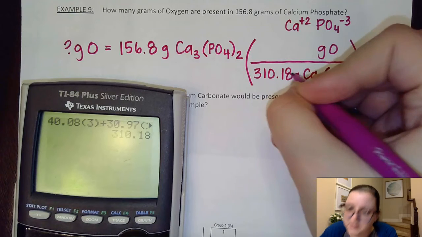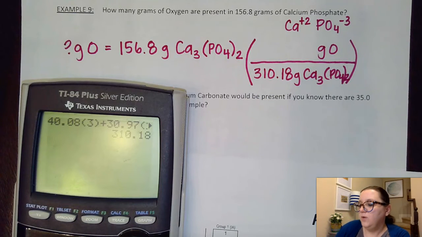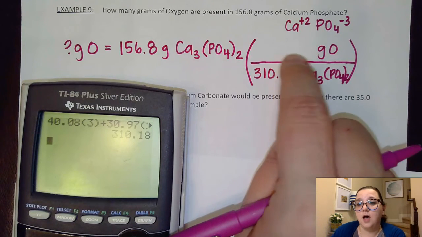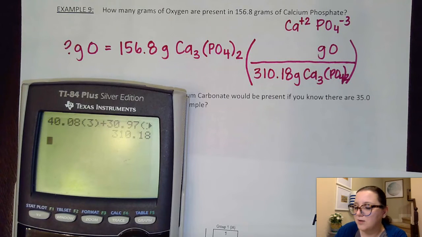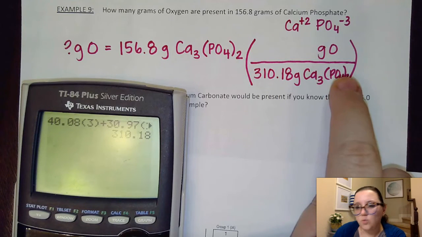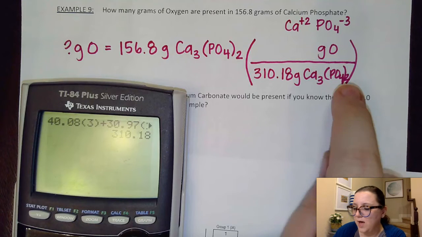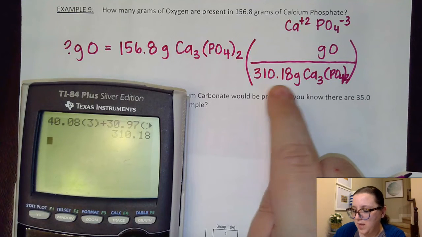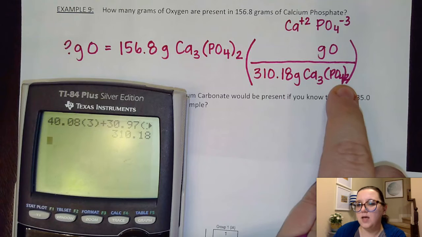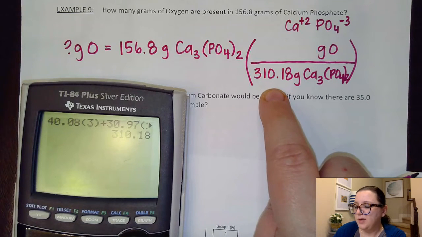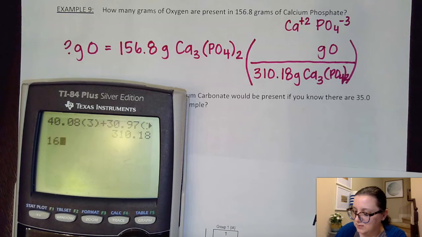Now, here's where you got to be careful. We next want to put grams of oxygen here on top. But think about how many oxygens were down here. We had 4 times 2. So out of this 310.18, there were 8 oxygens in there, all contributing to that molar mass. So that means really the 16 times 8 is what should go on top.